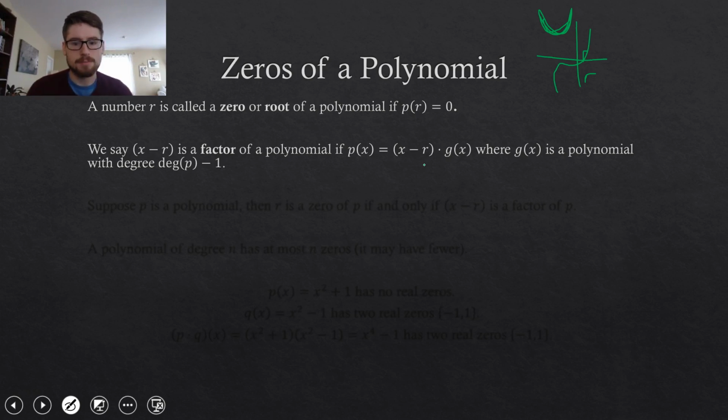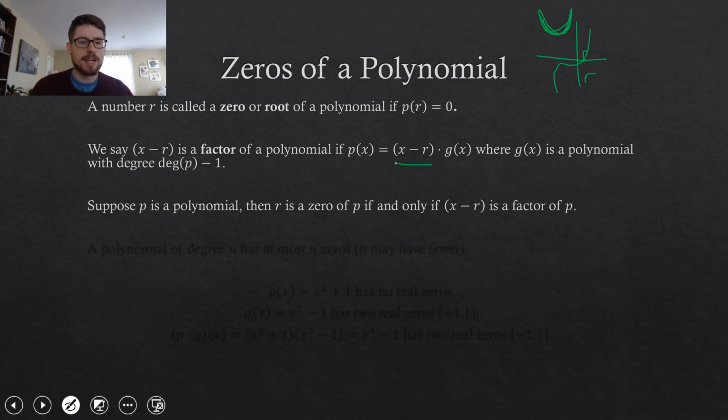It's going to be a smaller degree. And what we're saying is that a factor can be pulled out from a polynomial, and then you'll have a polynomial with 1 degree less left. And you could successively do this for all of its factors till you have what's called factored the polynomial, which has broken it down into all of these x minus r things, right? And they can be x minus 2 or x plus 3 or whatever, right? So these are all the factors of a polynomial.